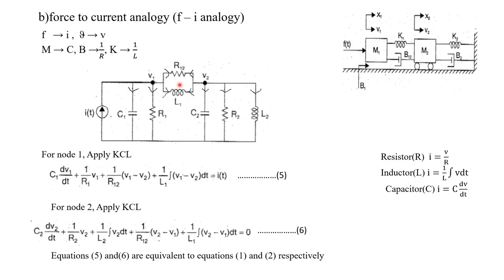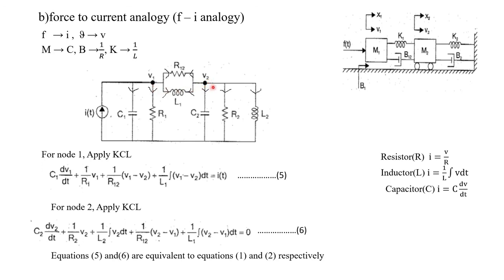Then the next element, that is the inductor. What about the current flowing through the inductor? 1 by L into integral V dt. Here it is L1, so 1 by L1 into integral. What about the voltage drop across inductor L1? One end of this inductor is connected to V1, the other end is connected to V2. So what about the voltage difference?